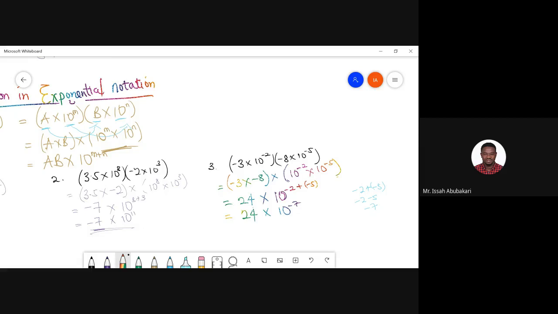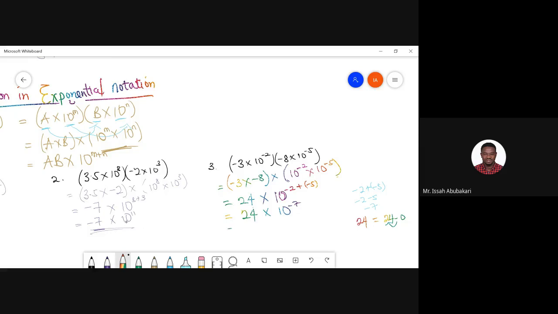So what we are going to do is we are going to change 24 to be what? 2.4. As I said earlier on, 24 is the same as 24.0. So to move the point from here to this side, the point will be moved to the left side. And anytime you move to the left, it becomes what? Positive.